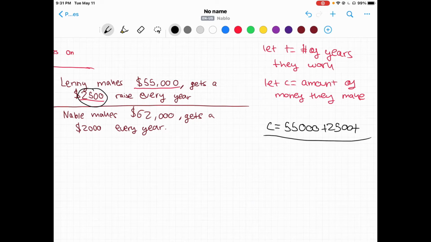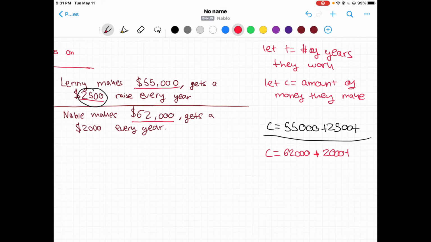Now, let's come up with one for Nablo. You will see this is pretty similar. So C is going to equal $62,000, which is a fixed amount, plus the raise he gets every year he works. So 2,000 T, since it adds up every year.